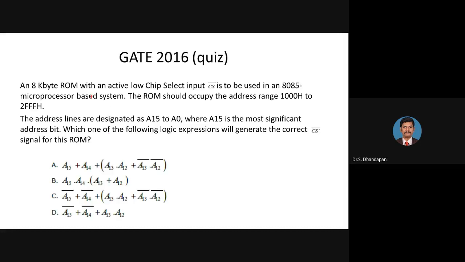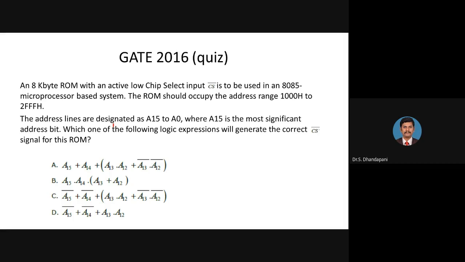This is another question from GATE 2016. An 8 kilobyte ROM with an active low chip select input is to be used in an 8085 microprocessor based system. The ROM should occupy the address range 1000 to 2FFF. The address map is given. The starting address is 1000 and the ending address is 2FFF.